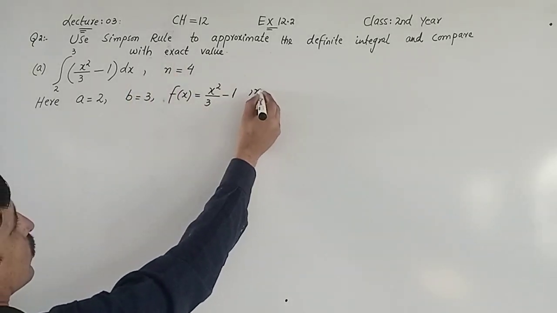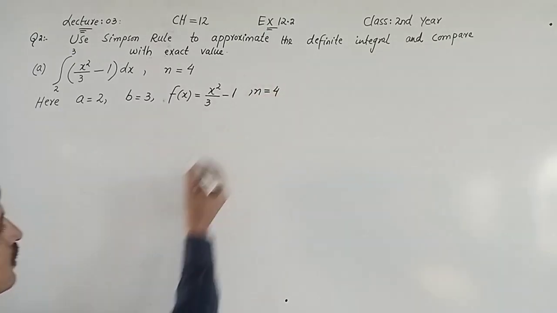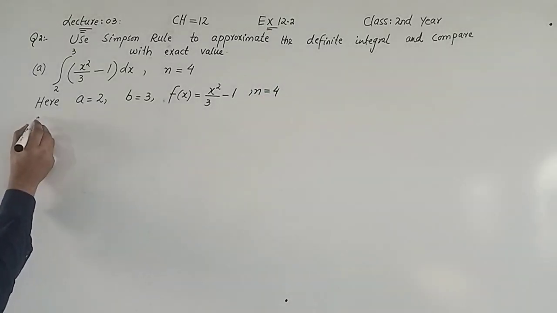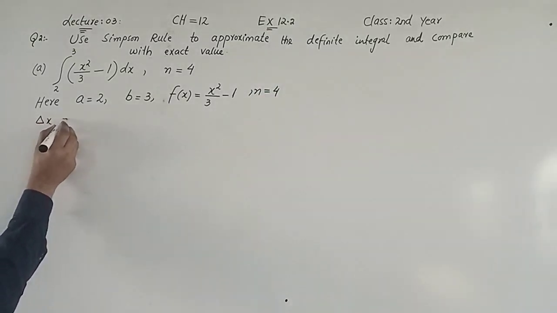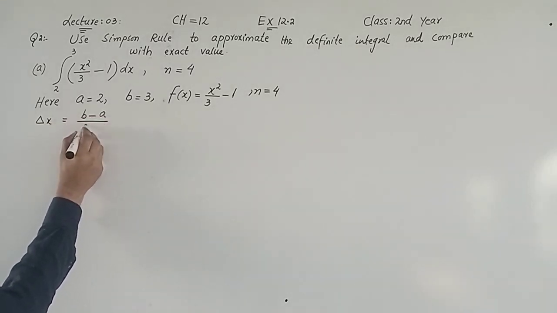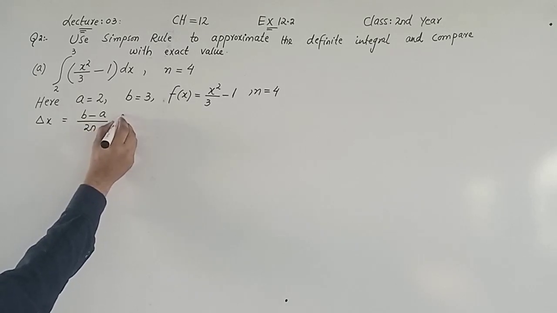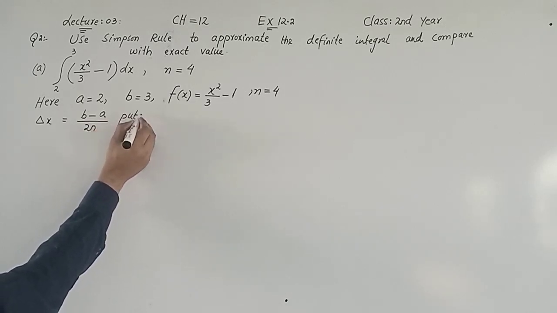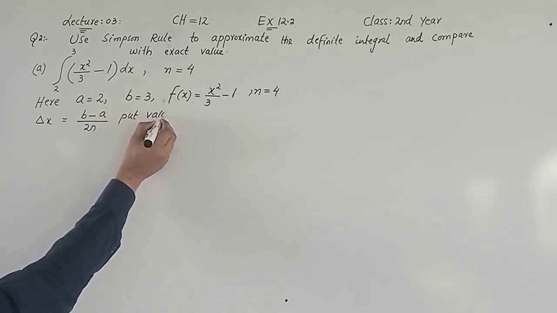N is equal to 4. Now del x is b minus a divided by 2n. Put values of a, b and n.